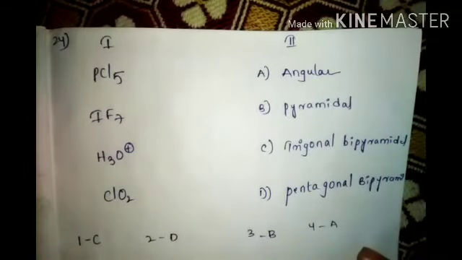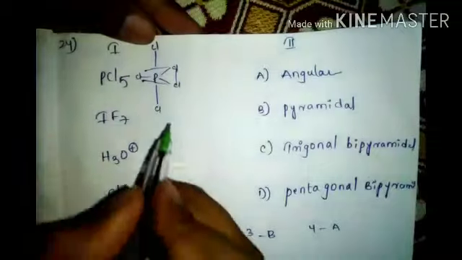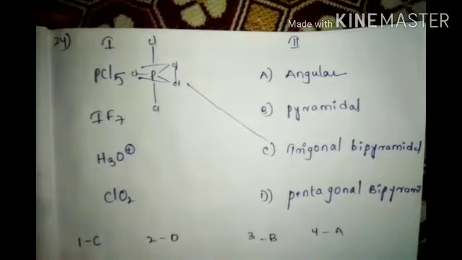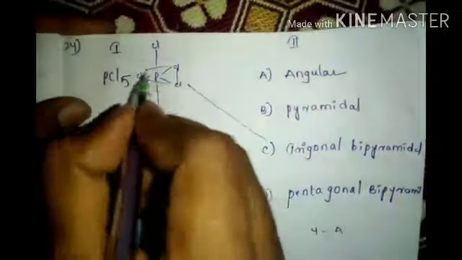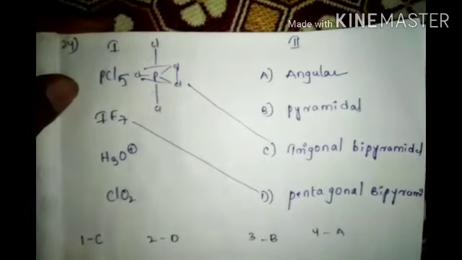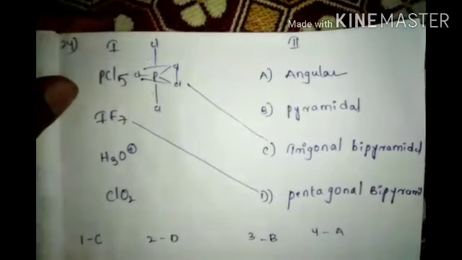Option C will come because P with Cl is trigonal bipyramidal. So first one option C. IF7, the same way, F here also will come. Pentagonal bipyramidal. So 1C, 2D.